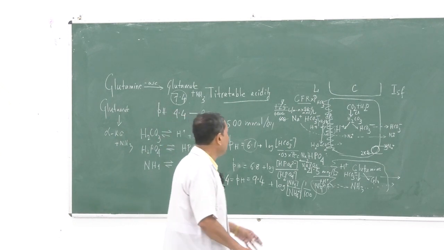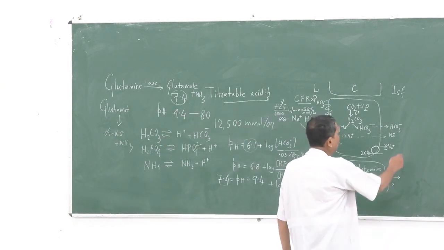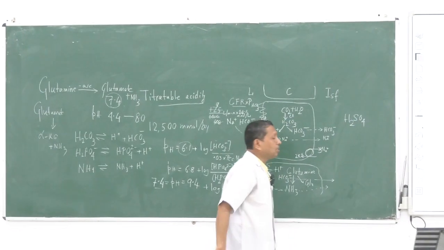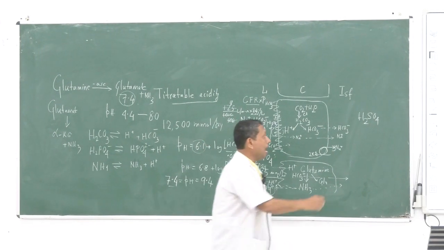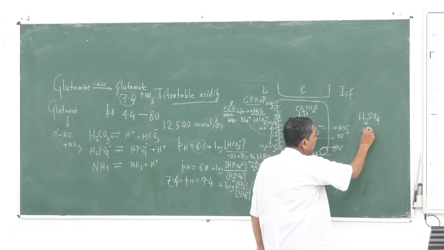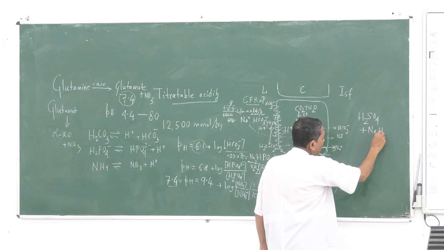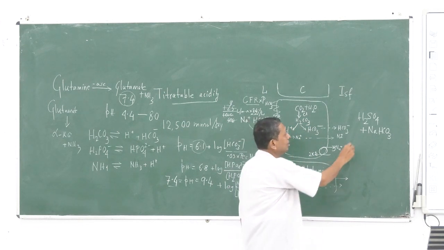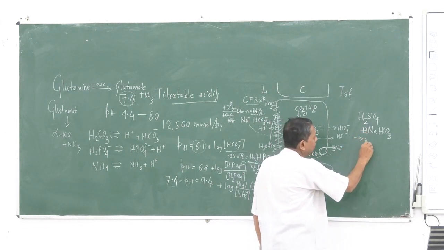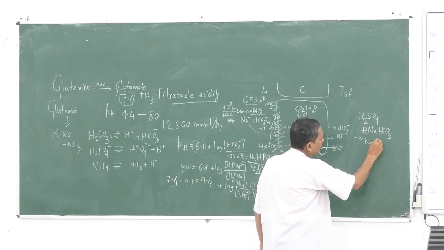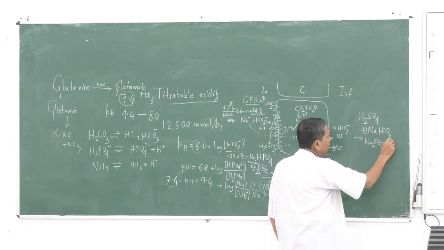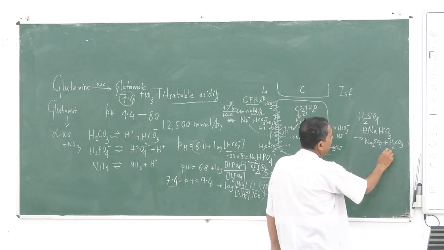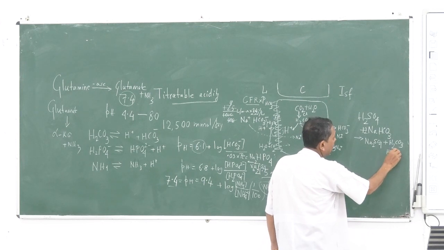And regarding the recovery of sodium ion, suppose you consider the generation of H2SO4 in response to metabolism of sulfur-containing amino acids. It reacts with the sodium bicarbonate present in the plasma and gives rise to Na2SO4, and H2CO3, which is the H plus equivalent.